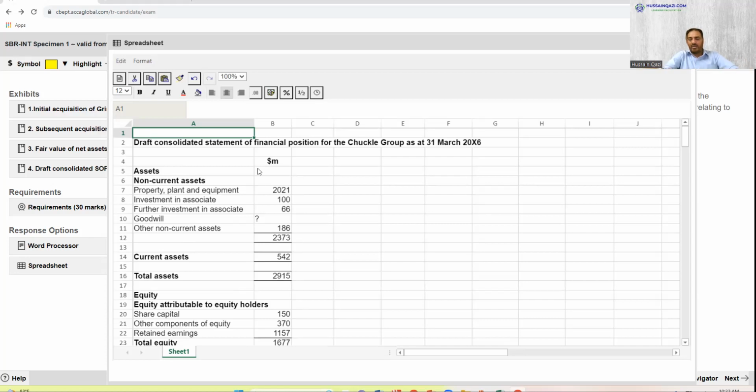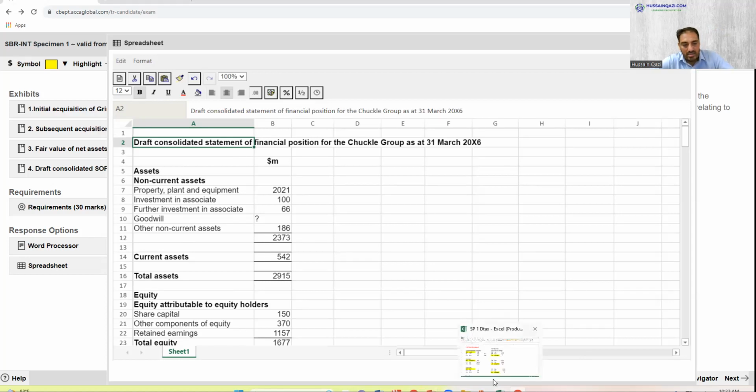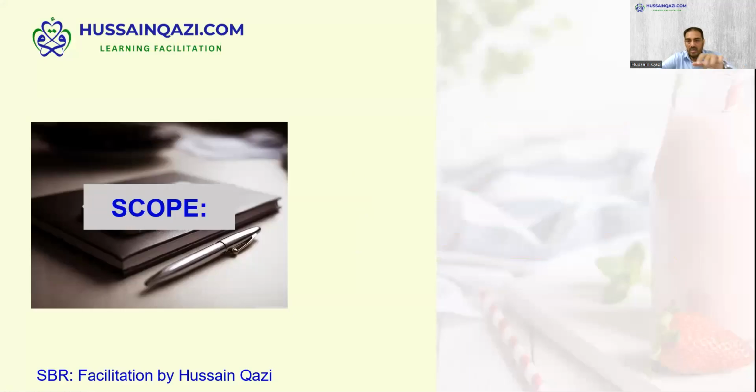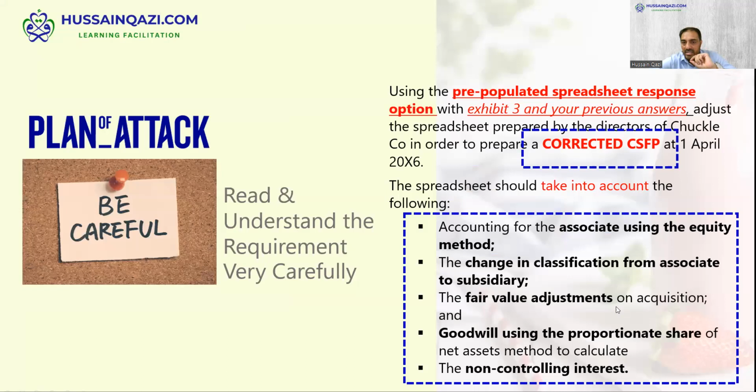So first thing, whenever you are attempting the question with this pre-populated spreadsheet function, and you are going to start the question, first of all, you have to read whatever data is available. Number two, once again, quickly read the scope of error.